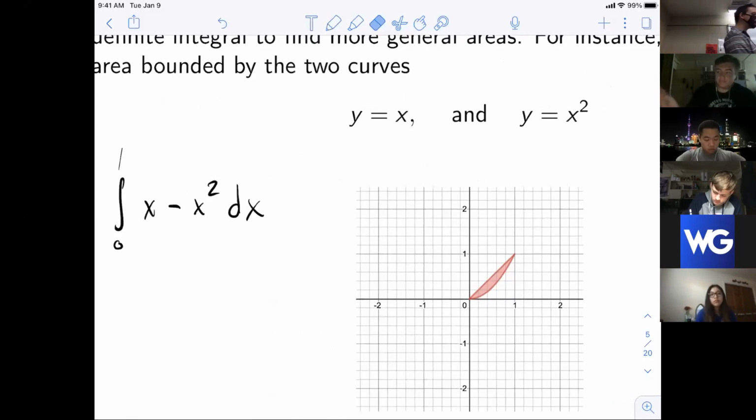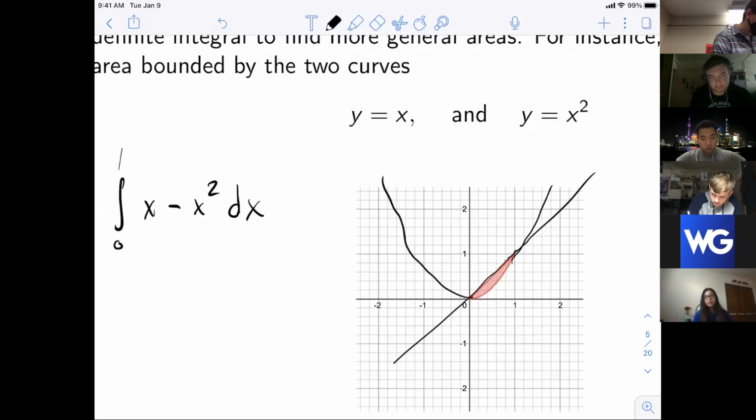Exactly right. In general, I only drew parts of this curve, right? Really, y equals x squared goes off this way too. And y equals x also continues on. But when I say the area bounded by these two curves, I mean the area that's literally bounded.